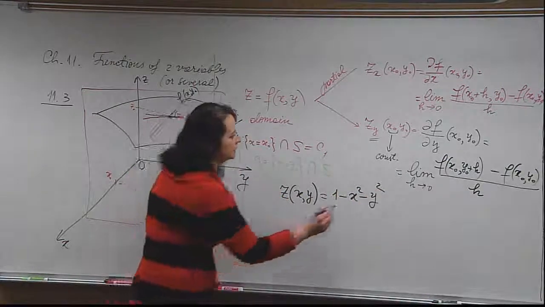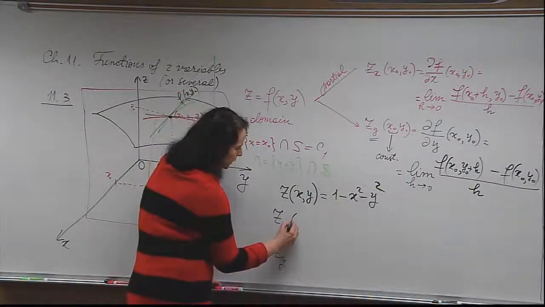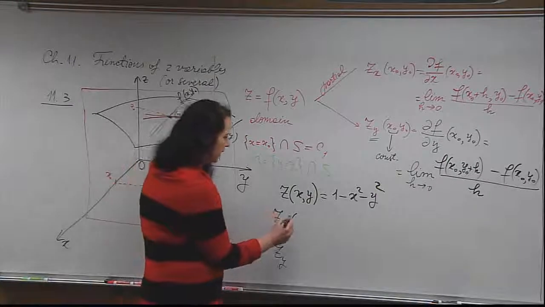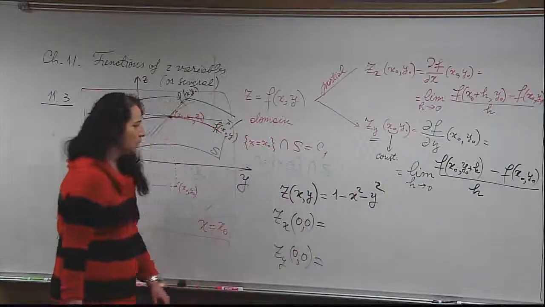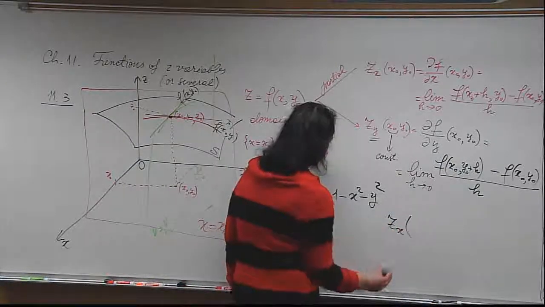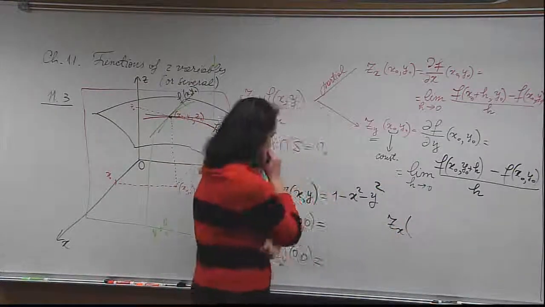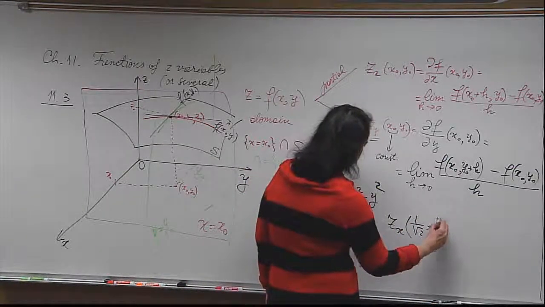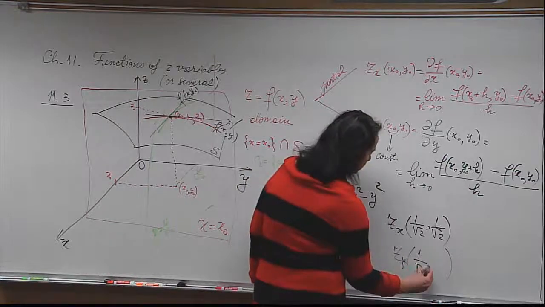And I'm asking you, what does this look like, and what will the meanings of z sub x and z sub y be at the point 0, 0, and eventually at another point, with coordinates 1 over square root of 2 and 1 over square root of 2?